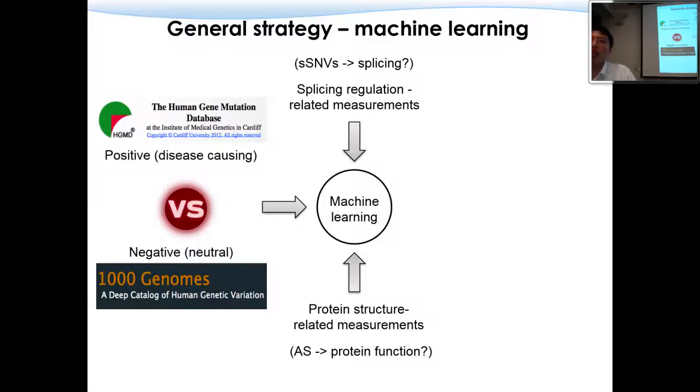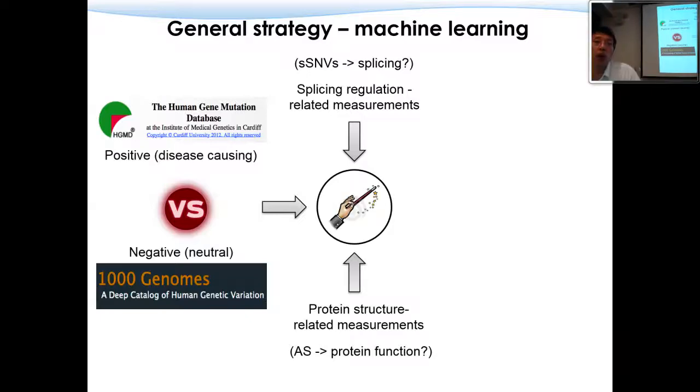There are many different things we look at. We look at whether the SNP is going to cause splicing changes, with a couple of hundred features about that. And there are a few dozen features looking at, if the splicing is changed, what the protein structure information is for that middle exon.